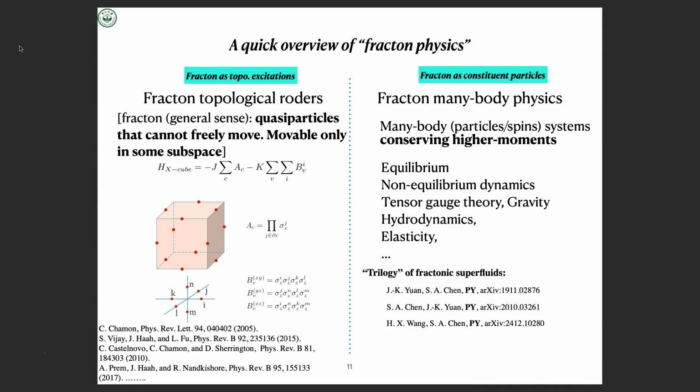The first line is that we can regard fractons as topological excitations in so-called fracton topological order. There's a typo here. Fractons in the general sense can be regarded as quasi-particles that cannot freely move. They can only move in some subdimensional subspace. So for example, here is the 3D model.